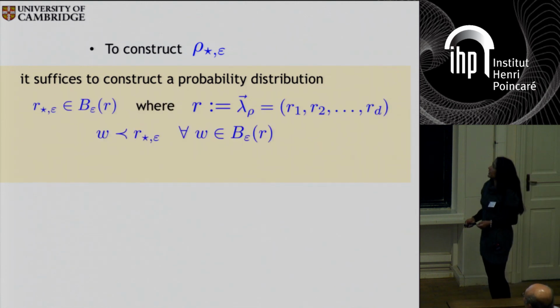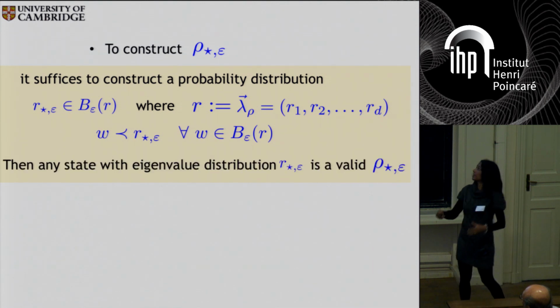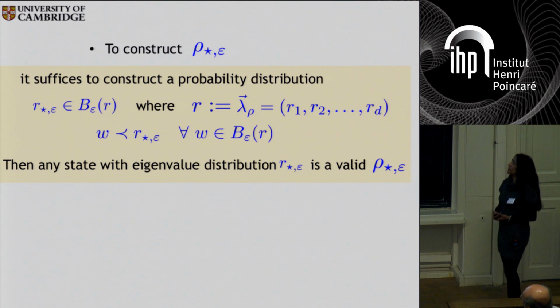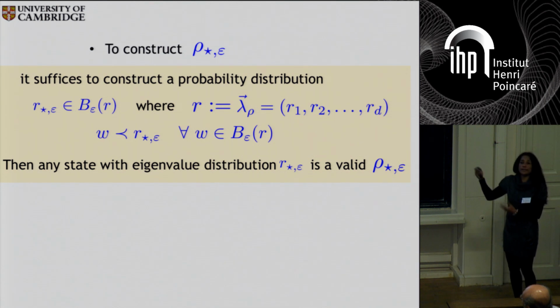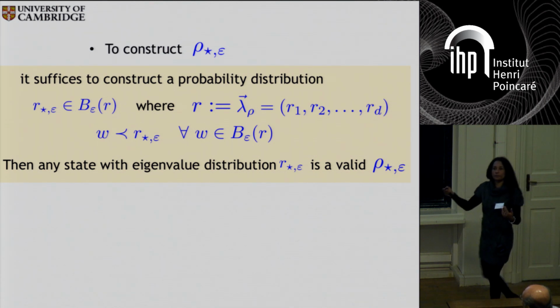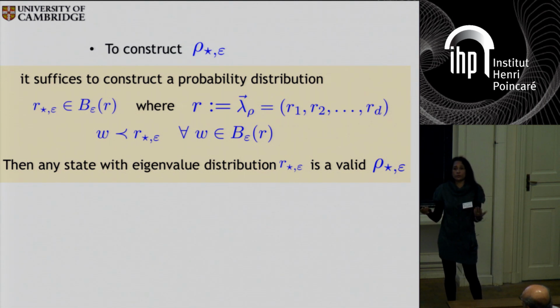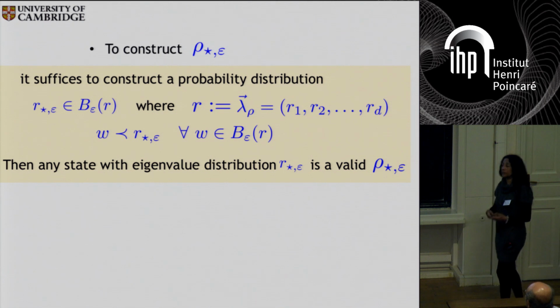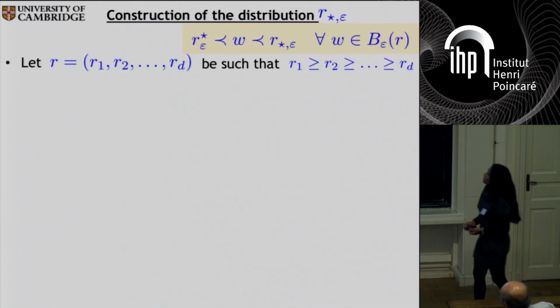This is just what I said. It suffices to construct this R lower star epsilon, which satisfies this majorization relation in the classical case. And then any state with this eigenvalue distribution is a valid candidate for rho lower star epsilon. It is not a unique minimizer, so there are unitarily equivalent states which all act as minimizers.